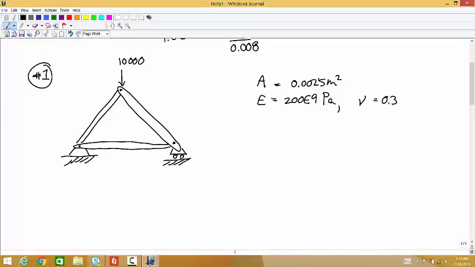And we want to figure out basically the external loads, and then we want to figure out the stress tensors, and then maximum shears and that kind of stuff that we usually do. This is an equilateral triangle, and each member has a length of 1.